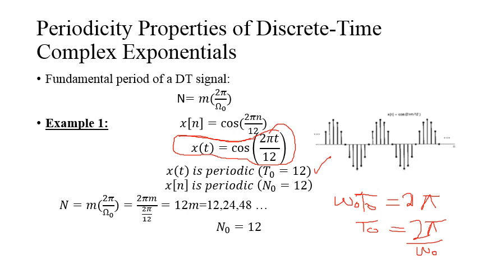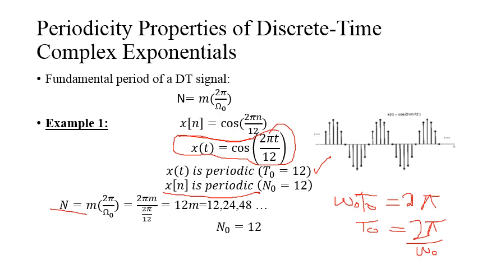As far as discrete time is concerned, the period N equals m into 2 pi by omega naught, where omega naught is the frequency of the discrete time signal. In this case the frequency is 2 pi by 12, so simplification results in 12 into m.